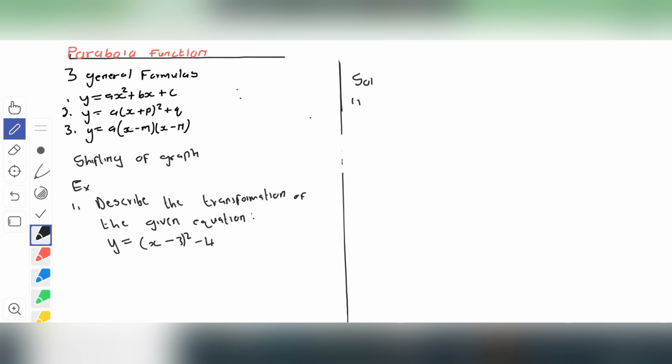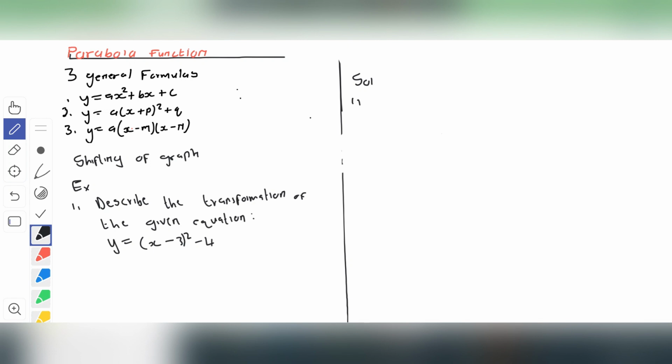Okay guys. So the question says describe the transformation of the given equation. The given equation is y is equal to (x minus 3) squared minus 4. Meaning now, because already the equation is in the format of completing the square, there is no need to complete the square.